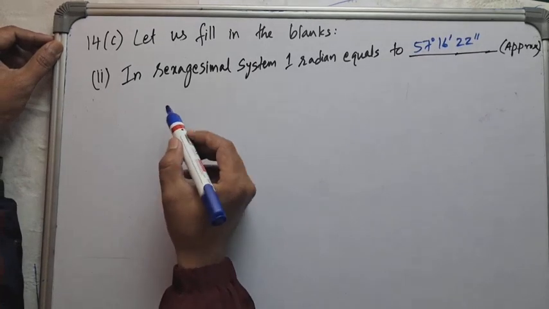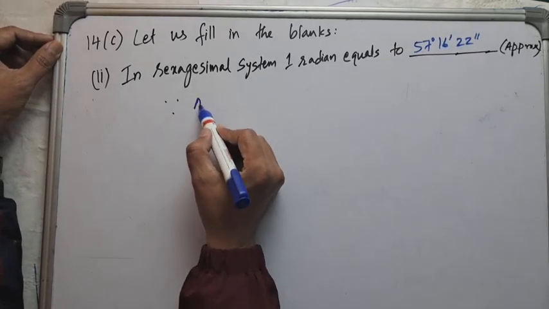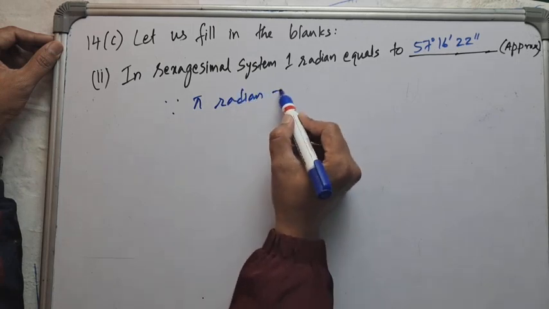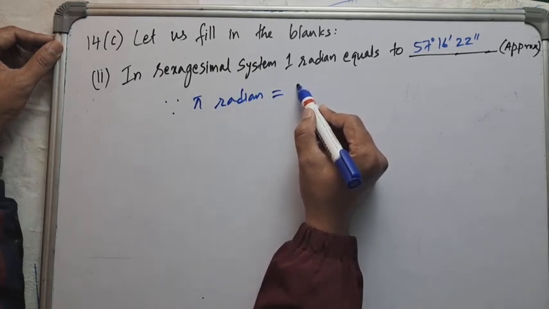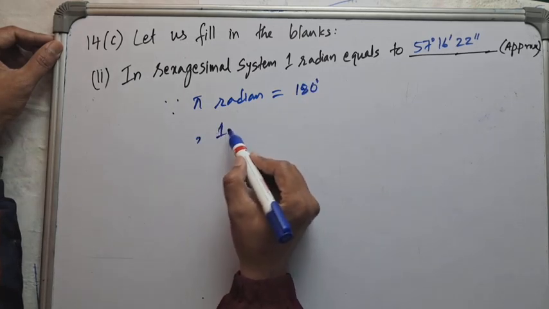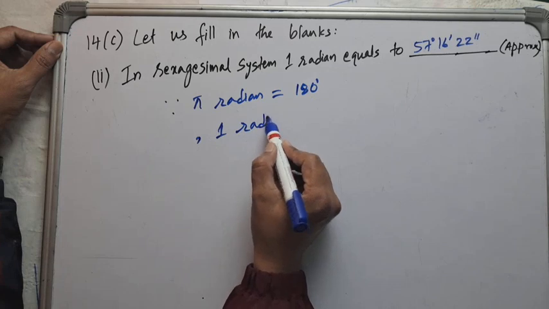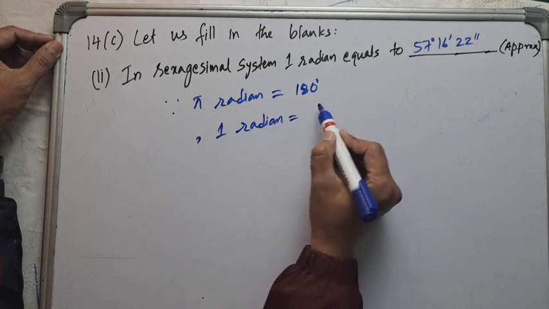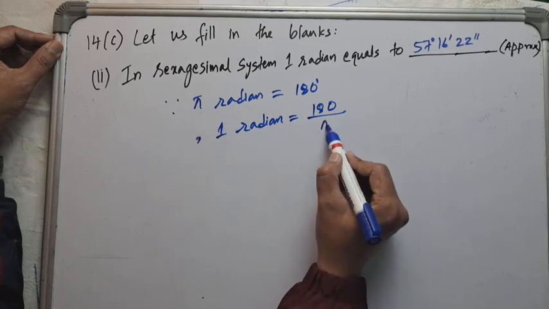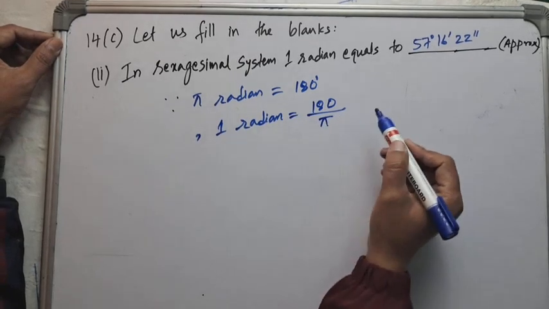Let's calculate it. Since we know that pi radian equal to 2 right angles, isn't it? That is 180 degrees. Or 1 radian, unitary method, 1 radian equal to 180 upon pi. This pi goes to the denominator by cross multiplication, isn't it?